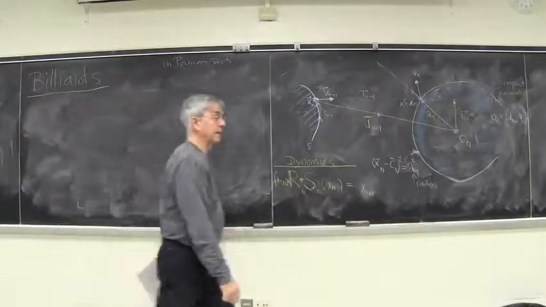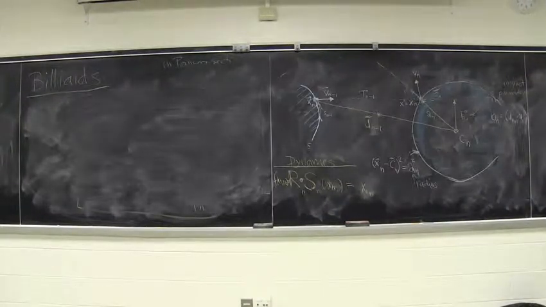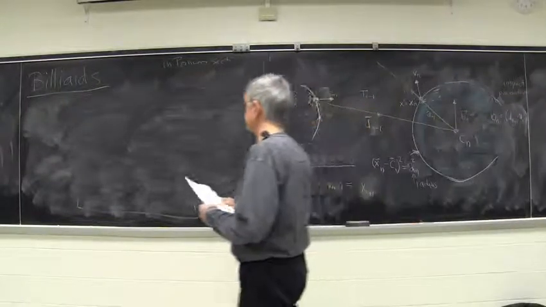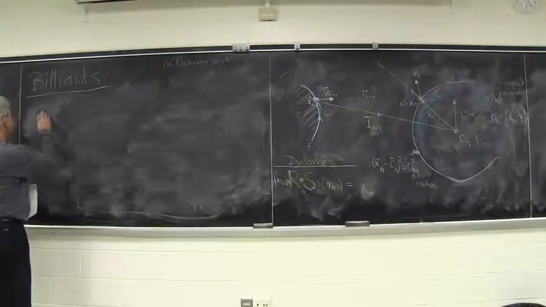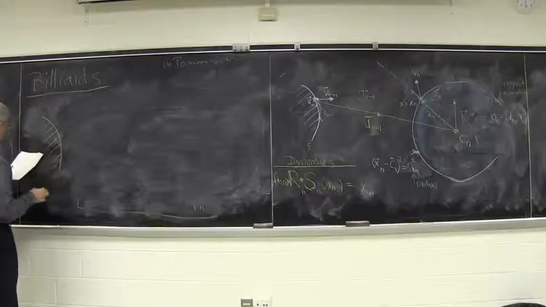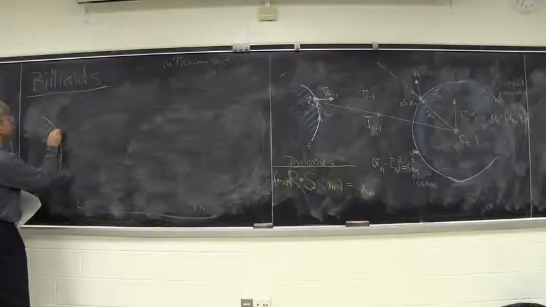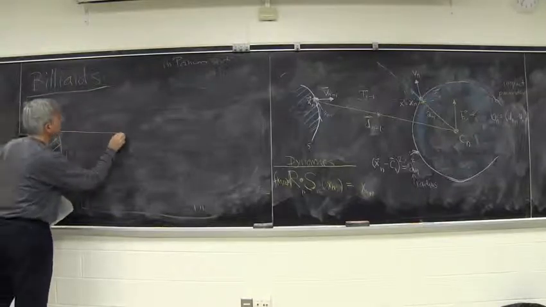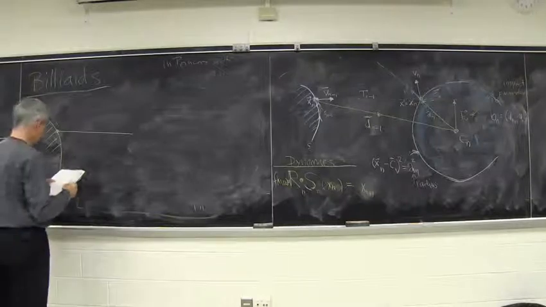But here is the smart way to think about stability. As I leave a wall of the billiard and I move on in the world, so I start here and I move in a two-dimensional plane, four-dimensional phase space.